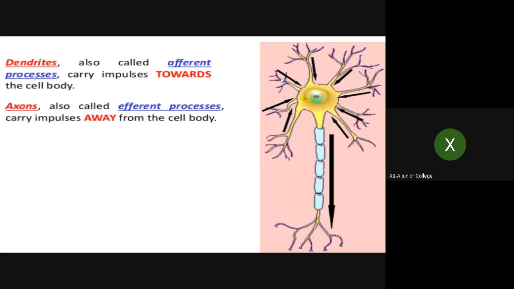So these processes which are coming towards the cell body, carrying the impulses towards the cell body, that means cyton, are called afferent processes. Afferent means towards.